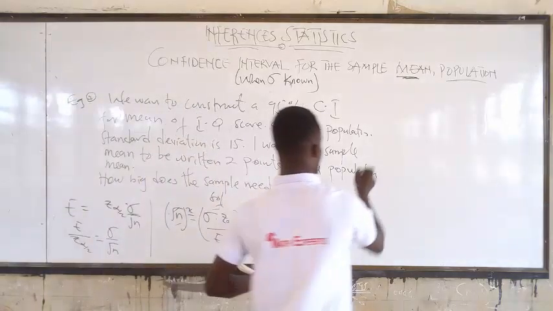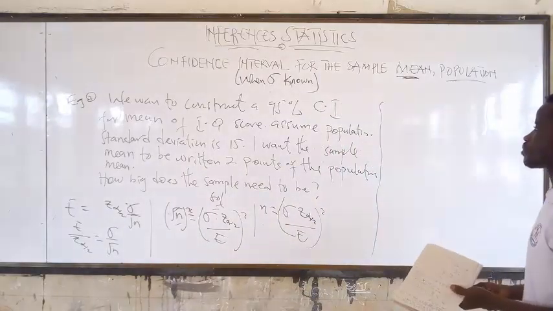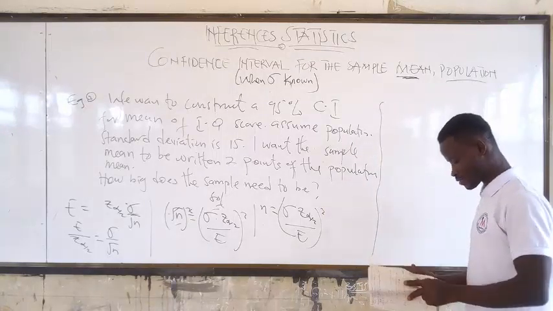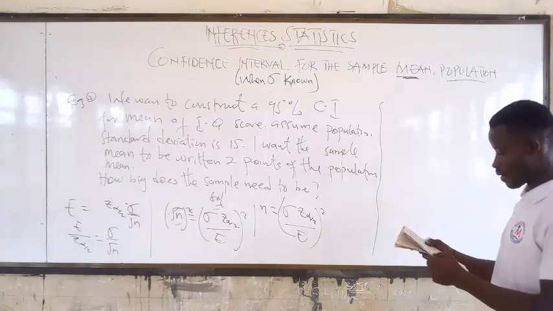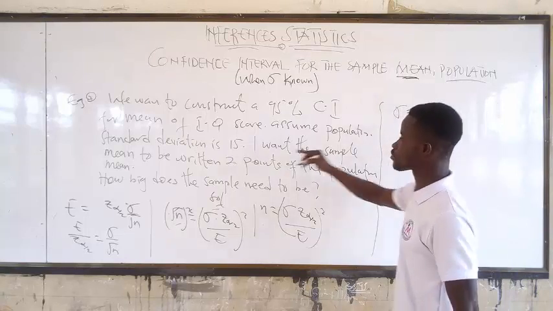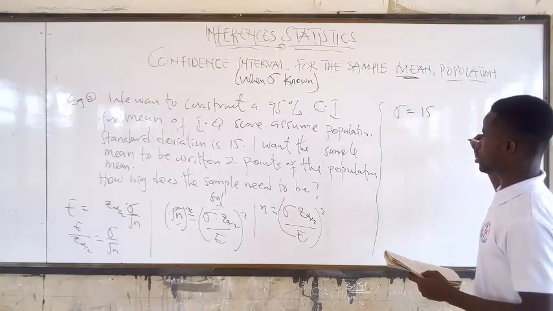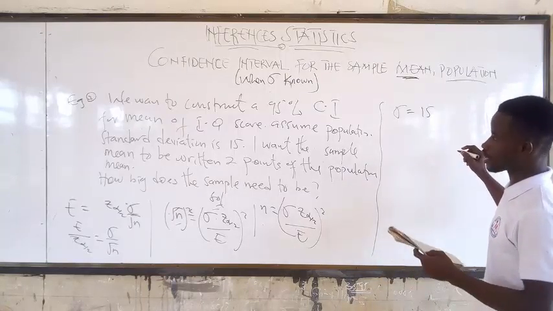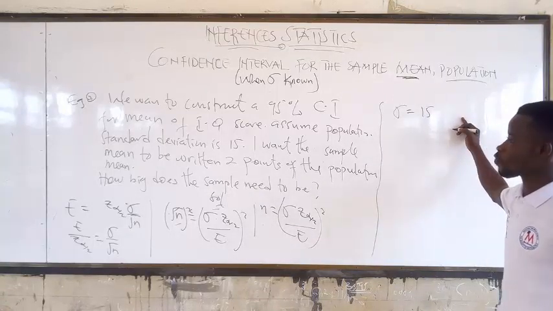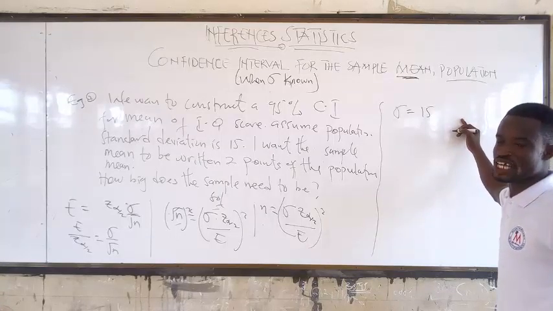So having this, and you are using this to solve for a question like this, you need to come out with what you are given. So we know that our standard deviation for the question is 15. That is what is there. And what again? You can also see that always, since you are finding the sample size, the margin of error will be given to you.